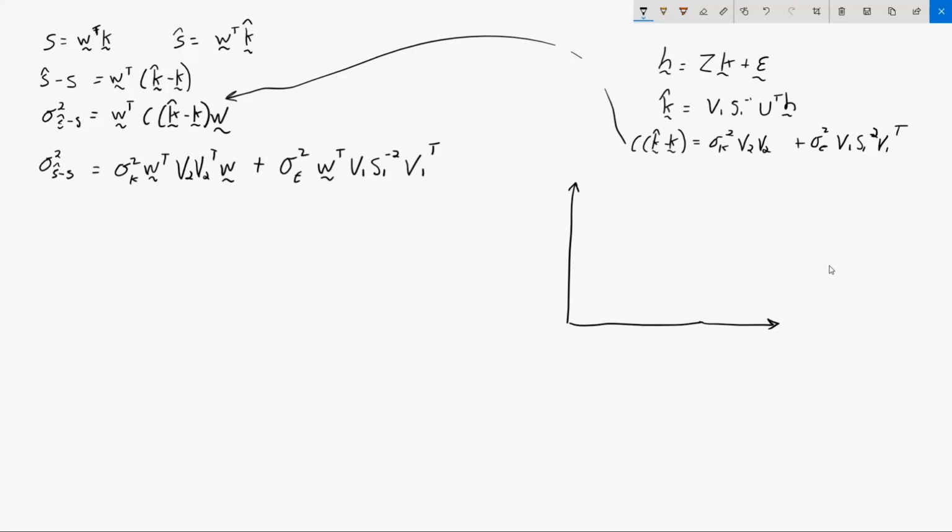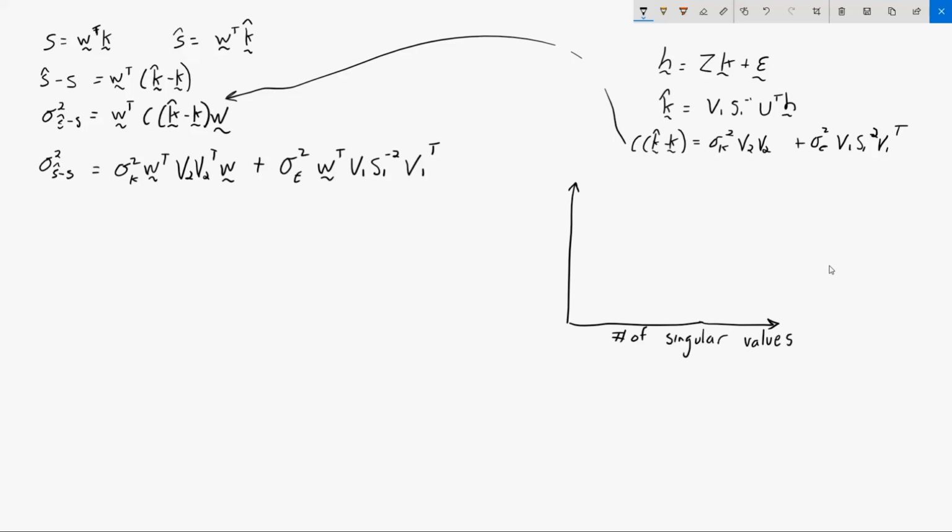How many singular values do I use in solution of the inverse problem? So I'm going to label this as number of singular values, or I could have written it as my truncation point.